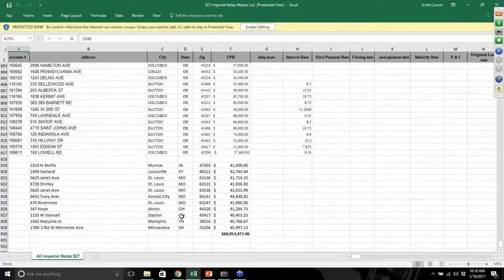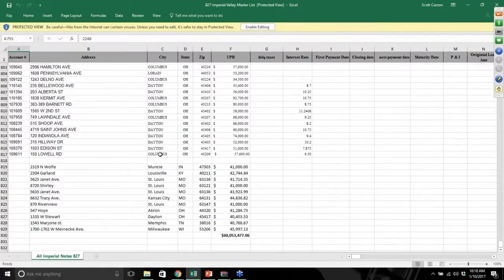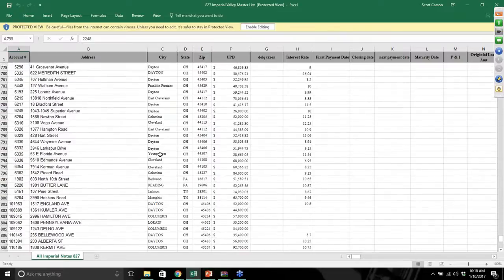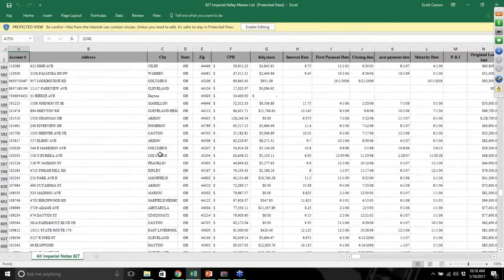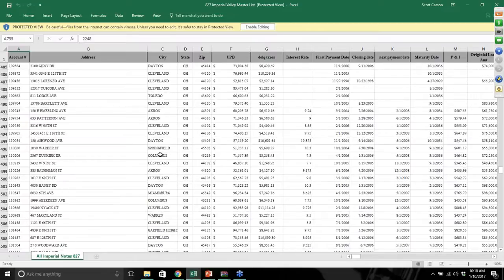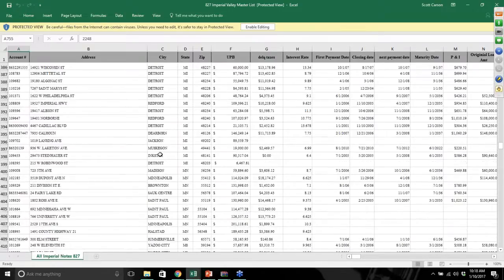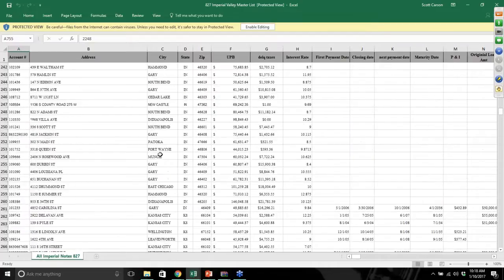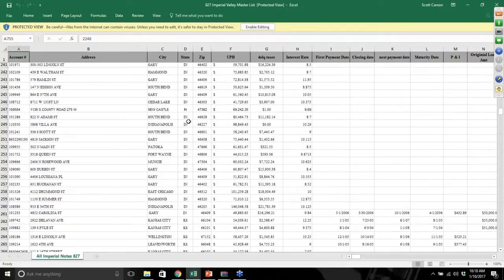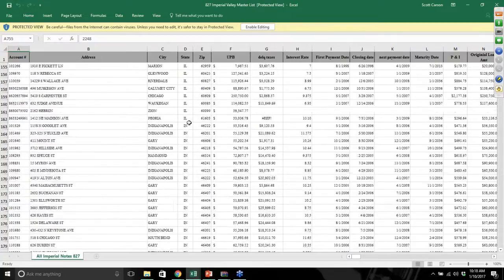Some of these have been pulled, some have been sold off, but for a big chunk, there's a lot in Ohio, Texas, Tennessee, a lot of assets all across the country, that we are now the exclusive seller on. So we will be breaking these out in 75 to 150 asset releases over the next couple of weeks.